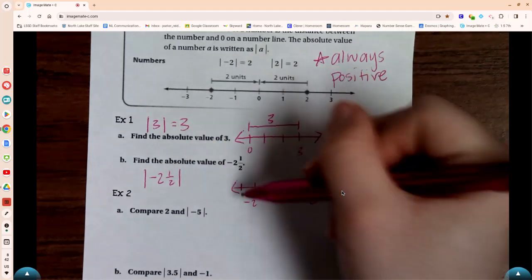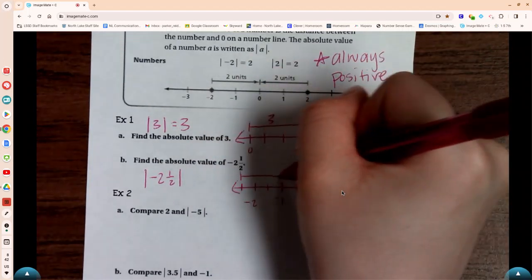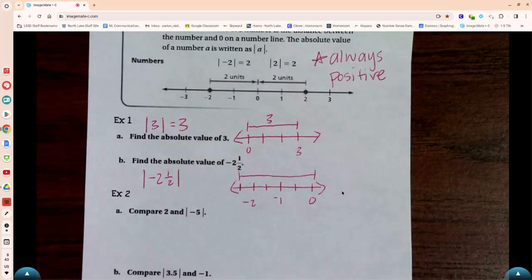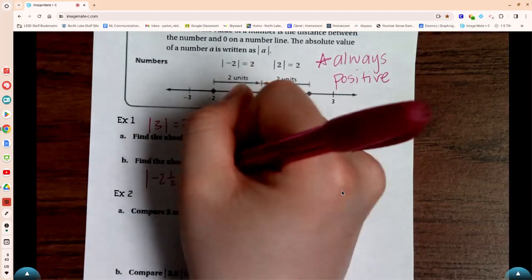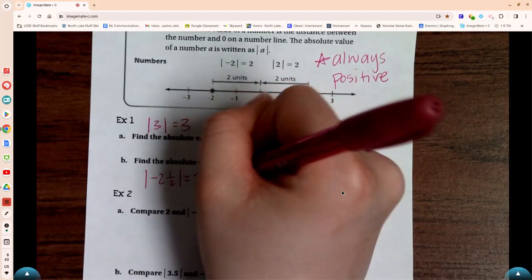So there's negative 2.5 out here. What's the distance between those from negative 2.5 to 0? How far away is that from 0? Neil? 2.5. So the absolute value of negative 2.5 is 2.5.